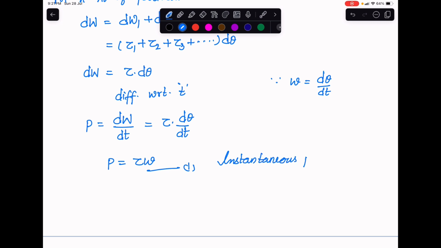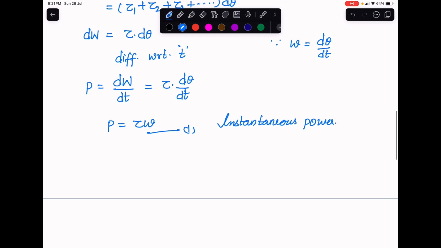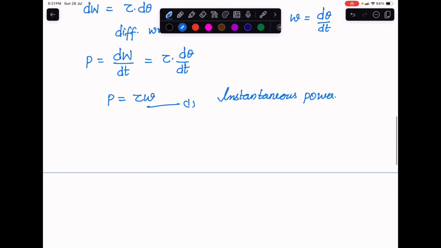We already know the work energy theorem, right? So what is the work energy theorem? Work done by all external forces on a rigid body is equal to the change in its kinetic energy. So here I would like to write the kinetic energy expression for the rigid body containing n number of particles. In our previous videos we have already learned this.